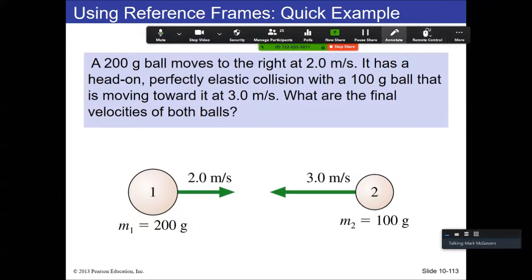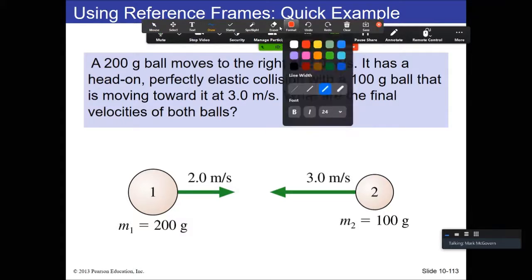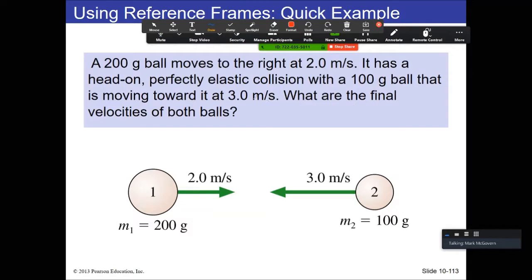So this problem is effectively identical, okay? So what I'm going to do here is this. Now, this is a negative here, right? That's technically a negative. So what I'm going to do is add 3 to these velocities. That is the transformation into reference frames.